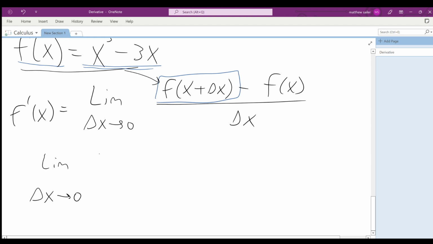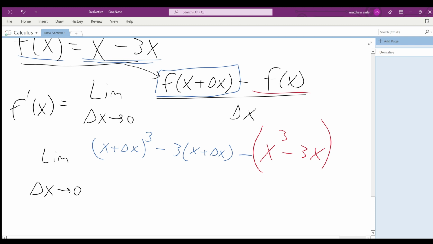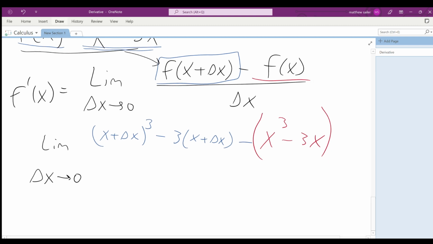So that will equal x plus delta x cubed minus 3 times x plus delta x, minus, and now we still have to put in our actual function because we're subtracting f of x. So minus x cubed minus 3x, and this is subtracting the entire function, so we don't want to get mixed up with these negatives. All over delta x.